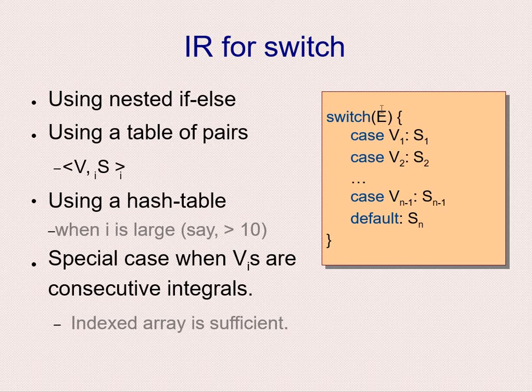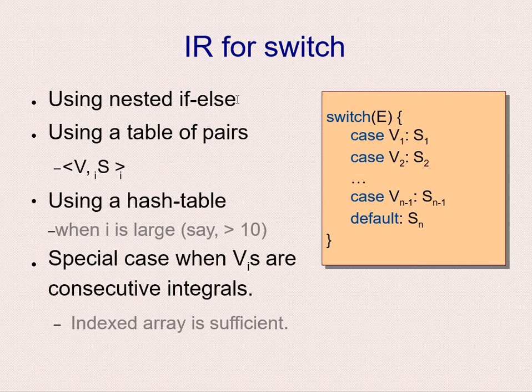Suppose in a switch, this is the condition, our expression. Based on that we have to see the cases. If the case is v1, then we will execute this statement, else in this manner, and at last there is the default statement, which will be executed.